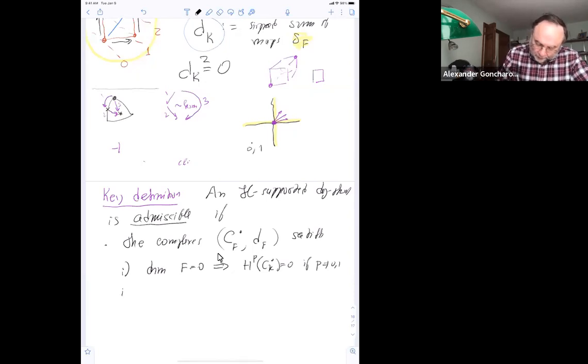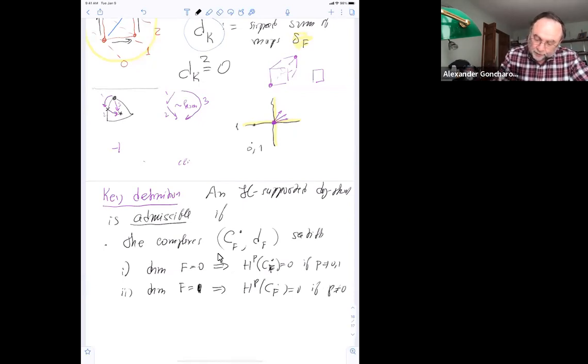Now, if you take a point which sits on a line, which means the dimension of F is 1, then the complex can sit in only one degree, and this degree is 0.